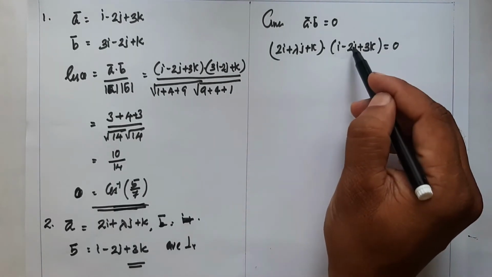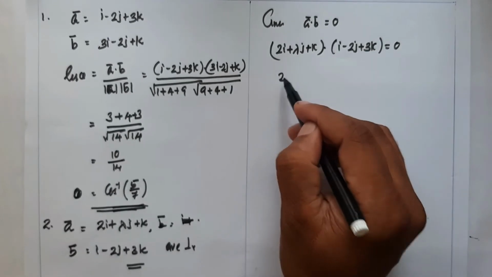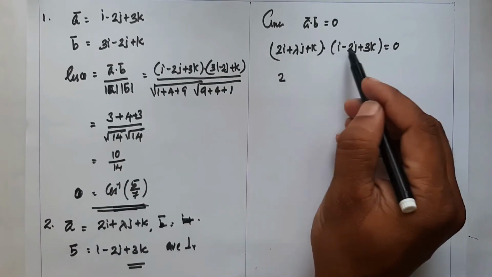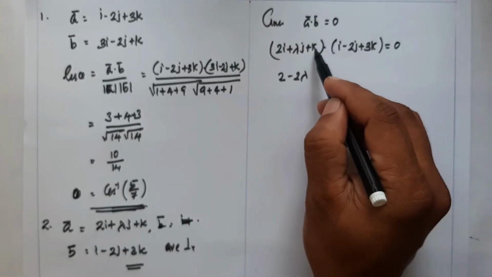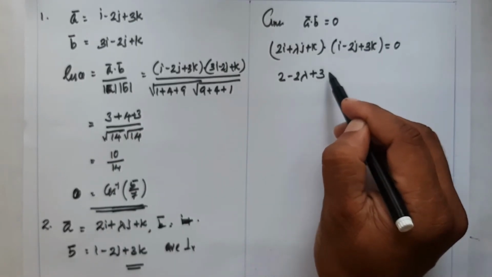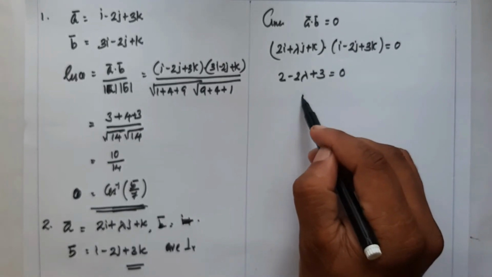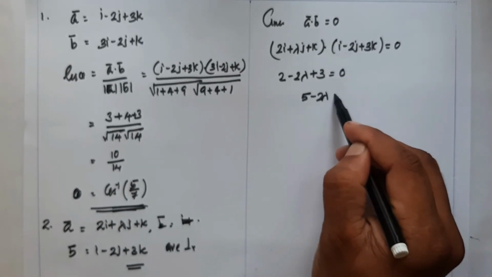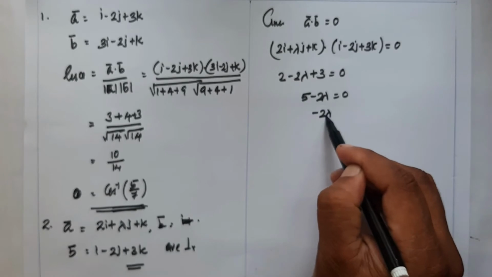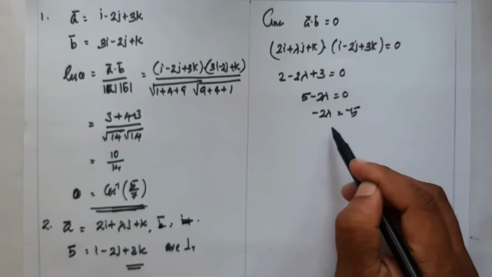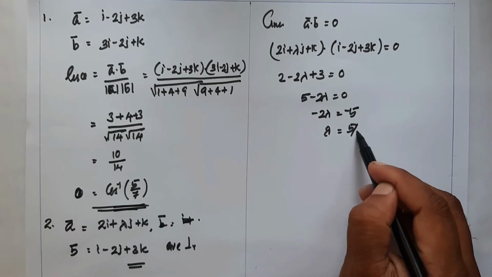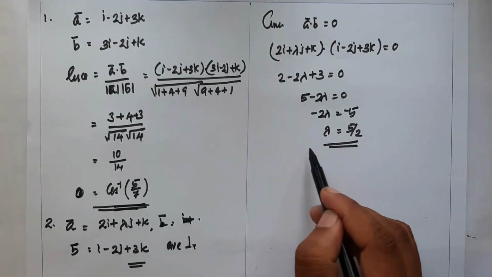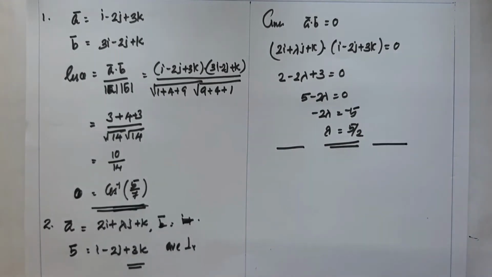The i coefficient product is 2 into 1, 2, the j coefficient product is lambda into minus 2, that is minus 2 lambda, then 1 into 3 is 3. So 2 plus 3 is 5, 5 minus 2 lambda is equal to 0, and therefore minus 2 lambda is equal to minus 5. Lambda is equal to minus 5 by minus 2, that is 5 by 2. We get the answer lambda is 5 by 2. Okay, that's all. It's a very simple question.